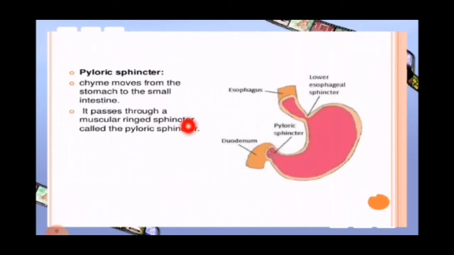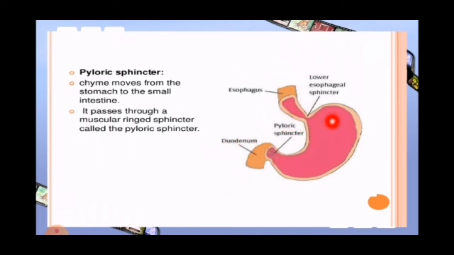Now, what are the sphincters? Just here, this is the esophagus, this is a sphincter, and this is also a sphincter. This is the pyloric sphincter, and this is the esophageal sphincter. The sphincter related to the esophagus is known as the esophageal sphincter, and the other end, which is the part connected to the duodenum, the small intestine part, is known as the pyloric sphincter.